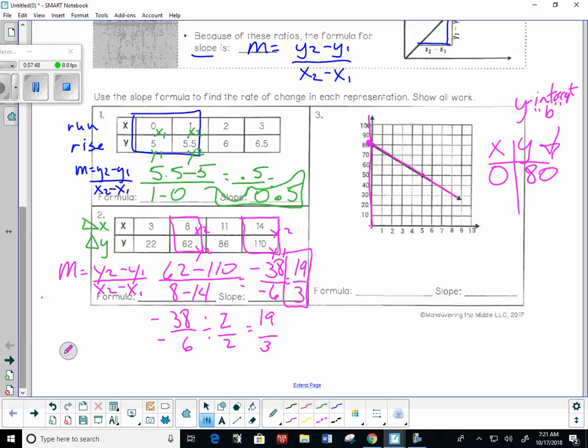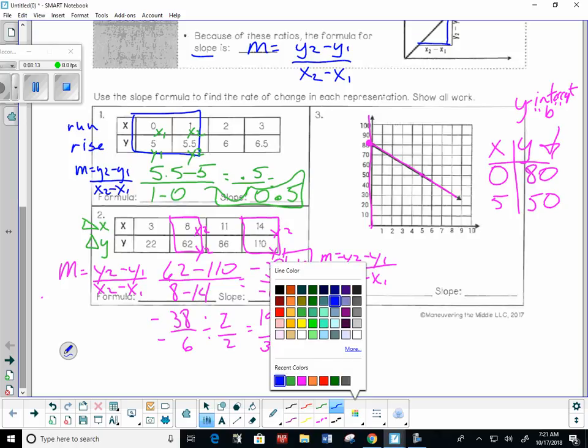Okay, our second point, the x value is 5, and the y value is 50. So when we use our formula then, our slope equals y2 take away y1 over x2 take away x1. Let's just put in our numbers then.